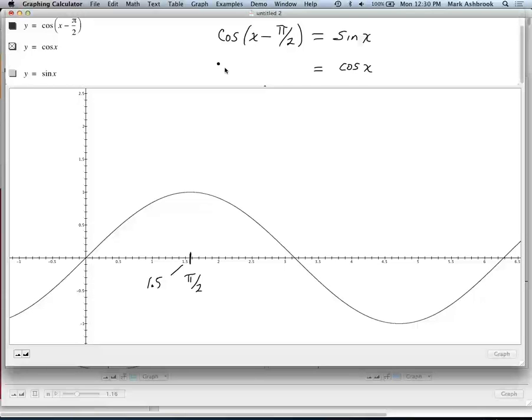If sine did what? Yeah, so just pretty easy reasoning here. If you make cosine lag behind and you get sine, then if you make sine come ahead of time or come before by the same amount, you're going to get cosine. Two more identities. True for all angles.